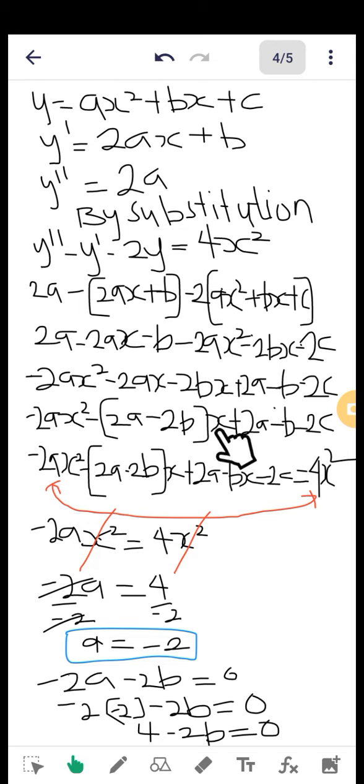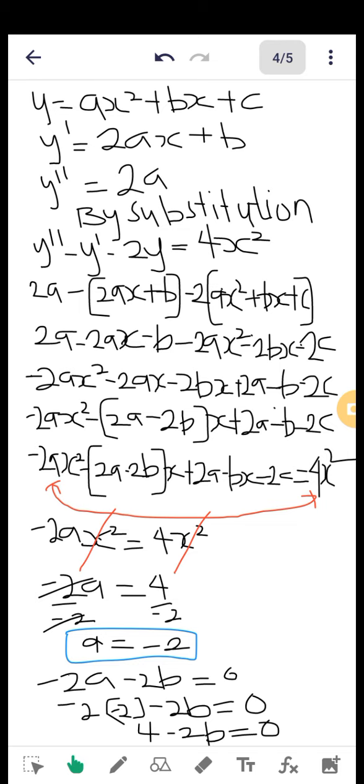Then we try to factorize my x out, leaving 2a minus 2b. Then all constants, all values without x or x squared, that's the 2a, 2b, 2c, we regroup them. We are doing this so that it will make our solution easier.